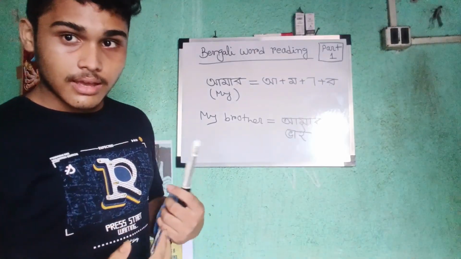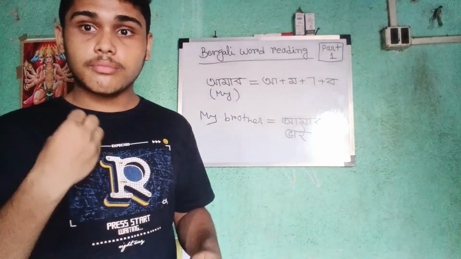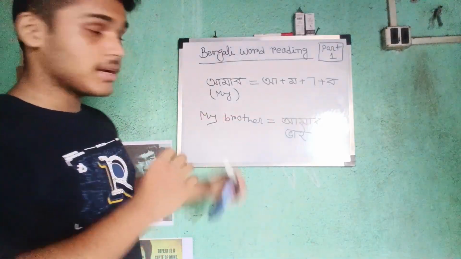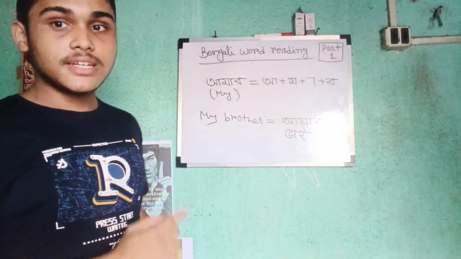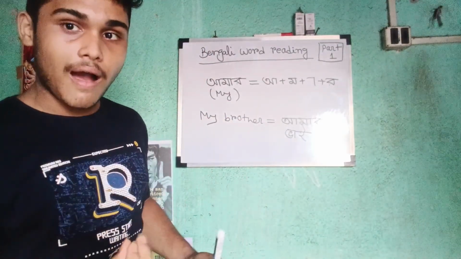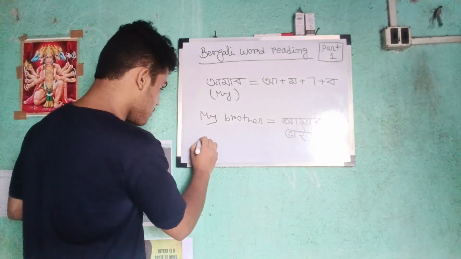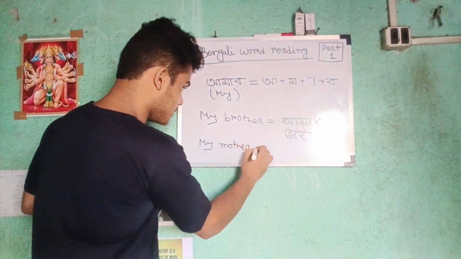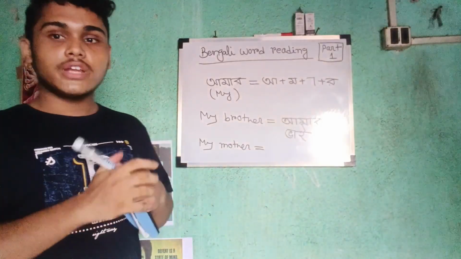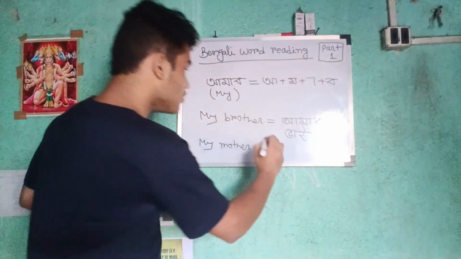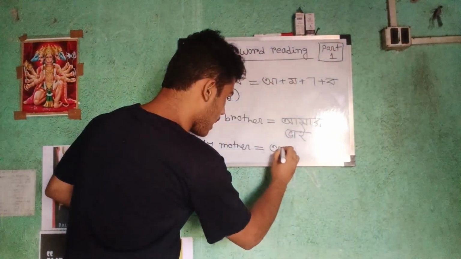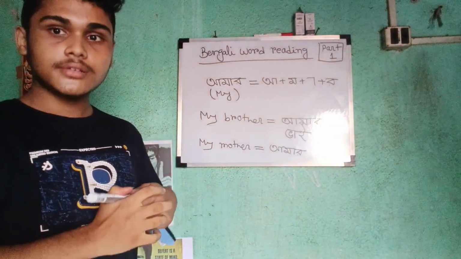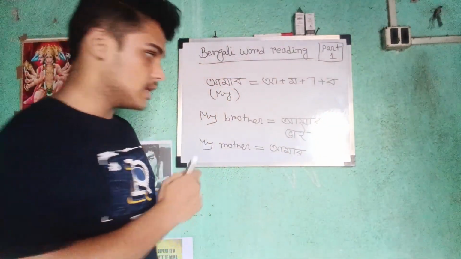Like that we can say Amar ma for my mother. My means Amar, as we have previously discussed. Then mother means ma. So how can we write Amar ma? a, ma, ra, Amar, mo, a, ma.